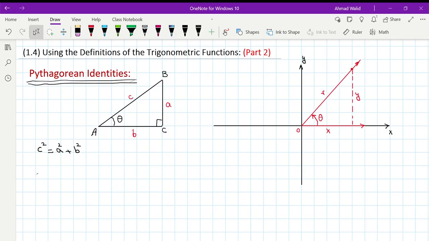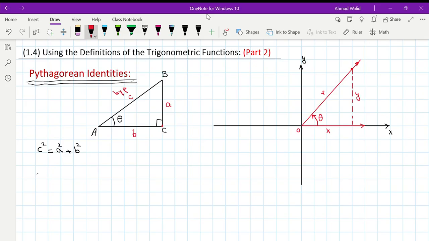From school, you know the Pythagorean theorem with the right triangle that you see on the left side of my screen, that the square of the hypotenuse equals the sum of the squares of the two right legs, correct? A square plus b square.